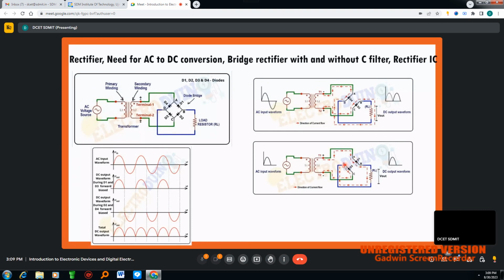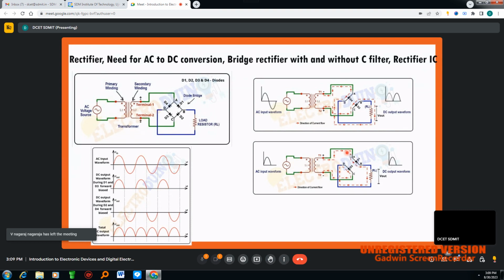Similarly for the D3 diode, the positive is connected to the positive power supply. So D1 and D3 diodes turn on. Once D1 and D3 are on, the remaining D2 and D4 will be reverse biased, that is, in off condition. Now what happens, the current will flow like this, the arrow mark indicates the flow of current. The current will flow through D1, RL, then D3, and then come back to negative.